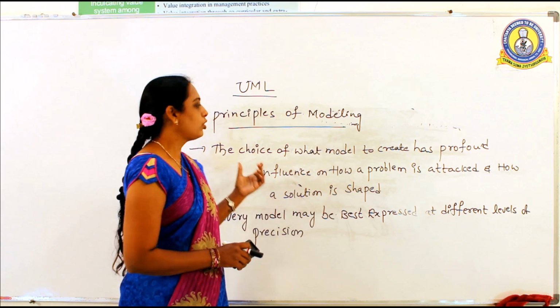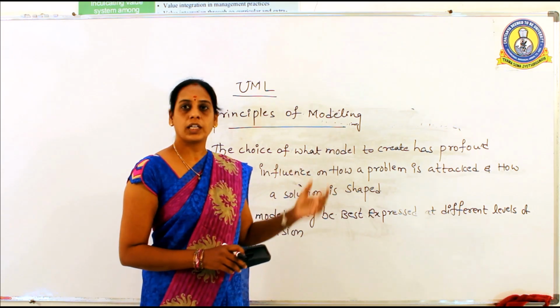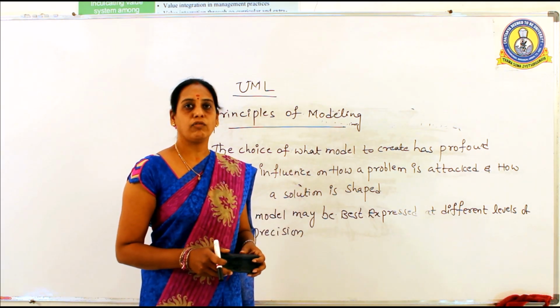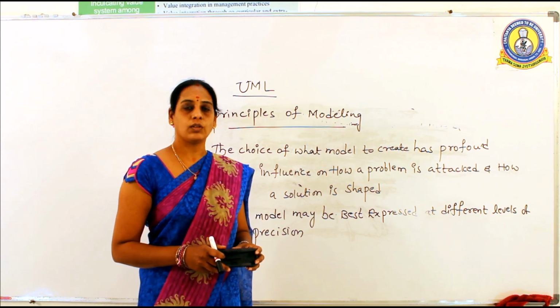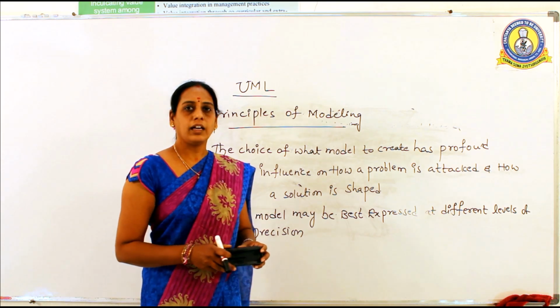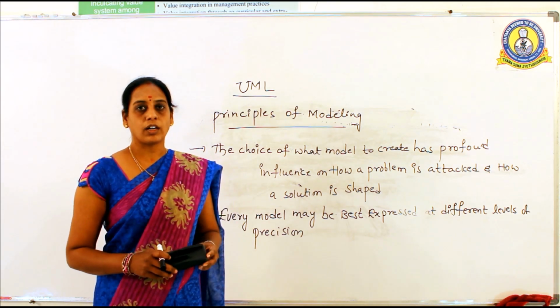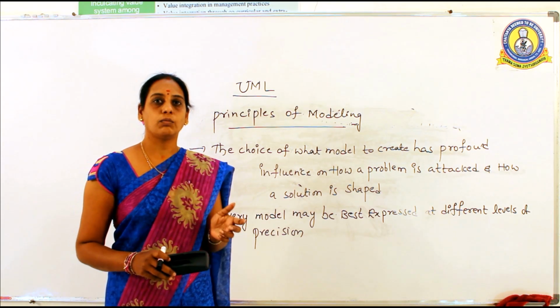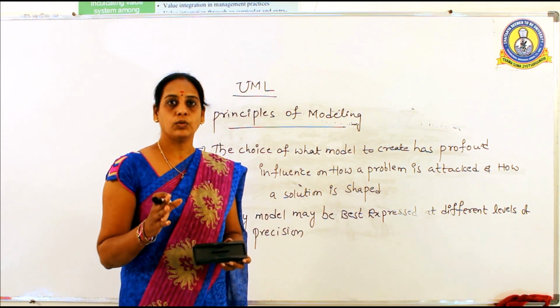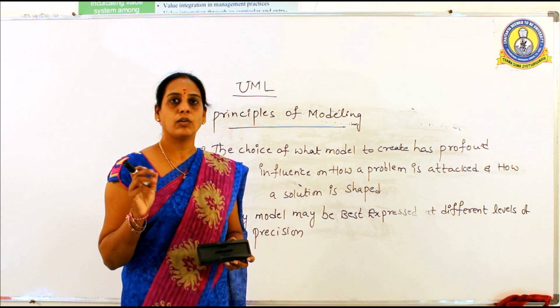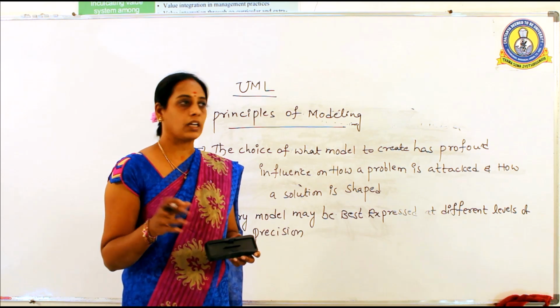First principle, the choice of what models to create has profound influence on how a problem is attacked and how a solution is shaped. That means while choosing the model, you have to choose the right models. If you choose the wrong models, it will misguide you. It will end up with the wrong product, wrong software application.